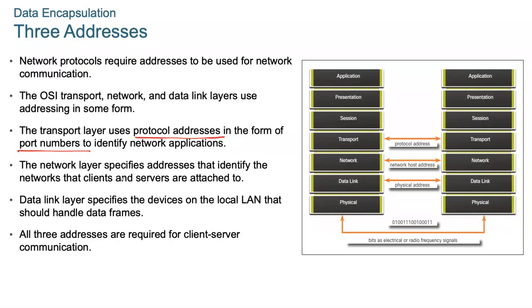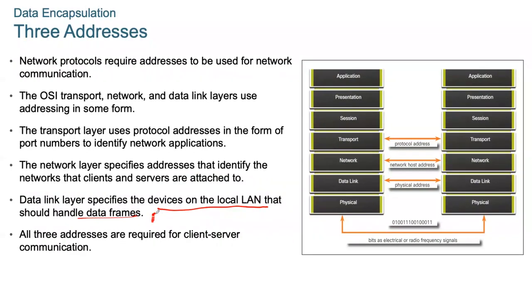And the network layer specifies the addresses that identify the network to which the client and server are attached. We call them your IP addresses, Internet Protocol addresses. So IP version 4 or IP version 6 will be used. Then the data link layer specifies the devices on the local area network, the private network, that should handle these data frames.